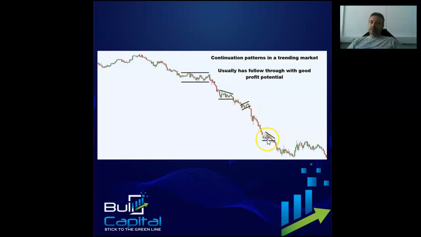This is another descending triangle, like here. Same thing, put the pending order here, not here. If, for example, price didn't go down but up, and we of course don't put a bullish order in a bearish pattern, we will delete this pending order.